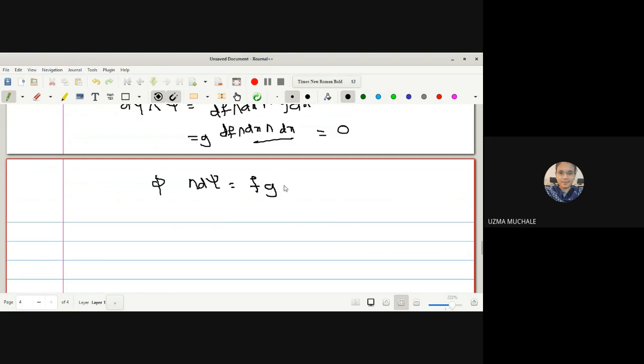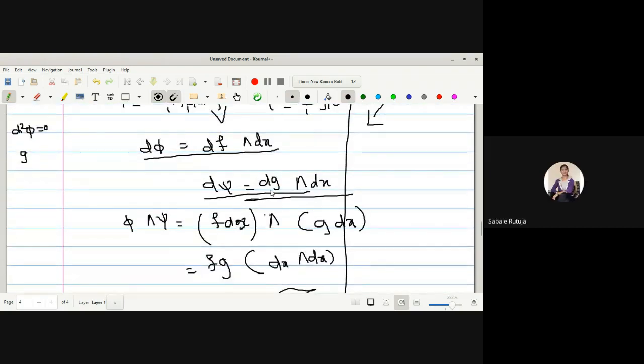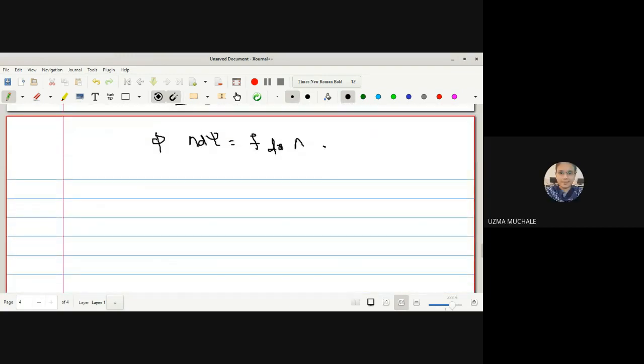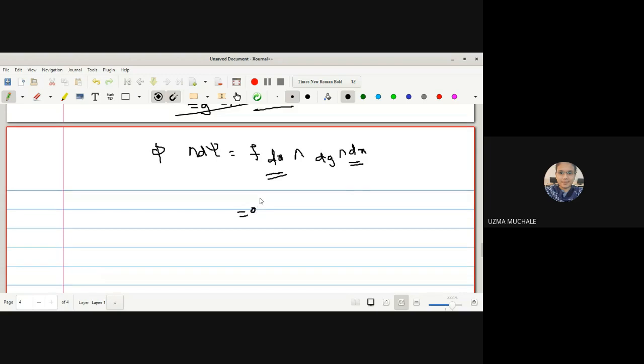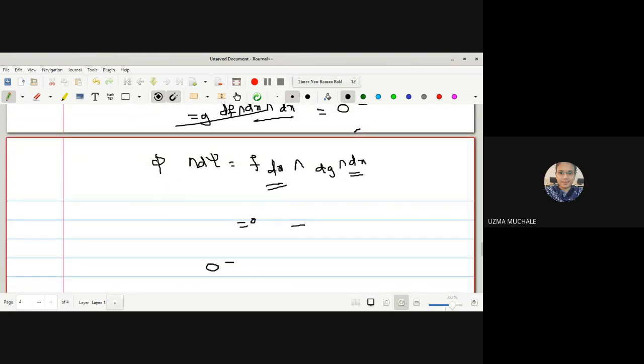We have taken f dx, wedge product with d psi. The value of d psi we have written here is dg wedge product with dx. Again, you can see dx is there and here is also dx. So this is 0, this is also 0.